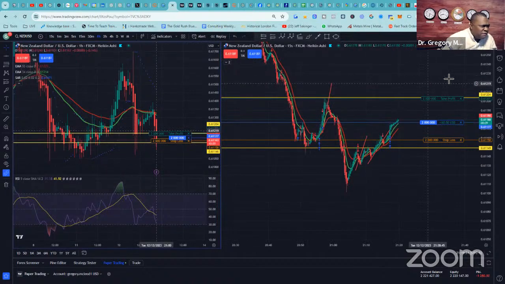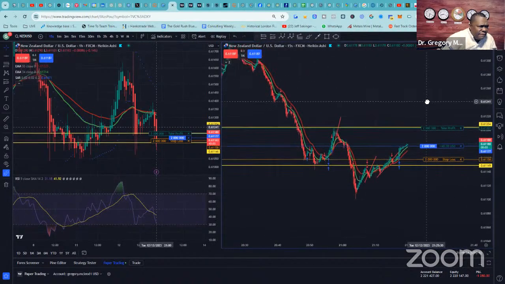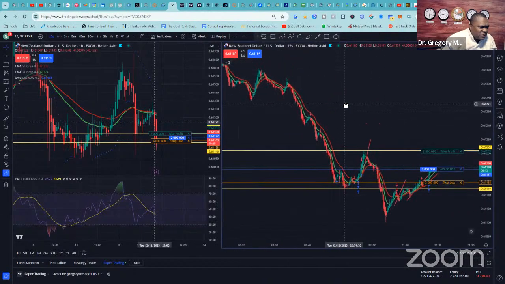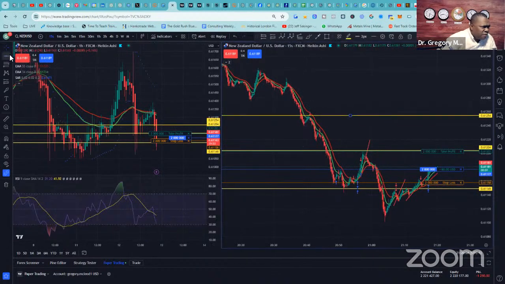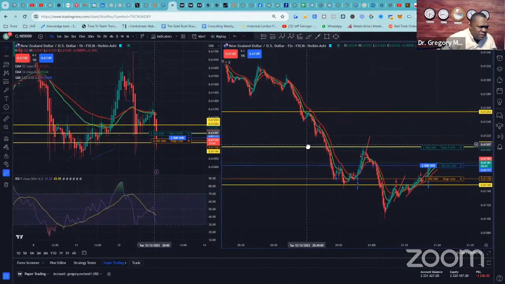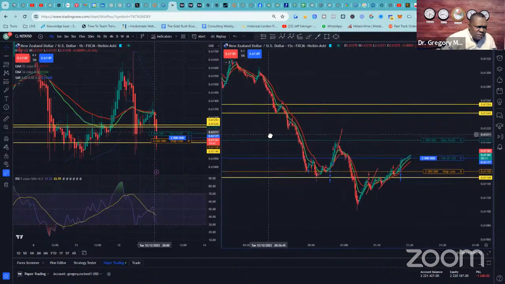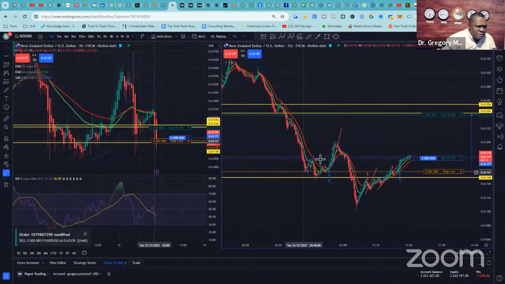Quarter line at 61.25. This is where the drops actually started here. So we could turn back to the scene of the crime. 61.25. Get back there.